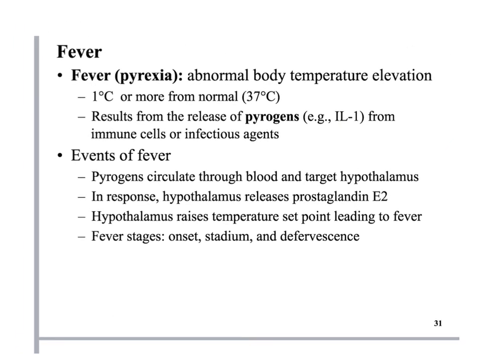Okay, a more systemic response, right? So this is more systemic, meaning the whole body rather than a local response of inflammation. A more systemic response is pyrexia or fever. Fever is characterized by an elevated body temperature, at least 1 degree Celsius or more from normal, which is 37. Okay? And this results from a release of those chemicals, what we call pyrogens, such as interleukin 1.